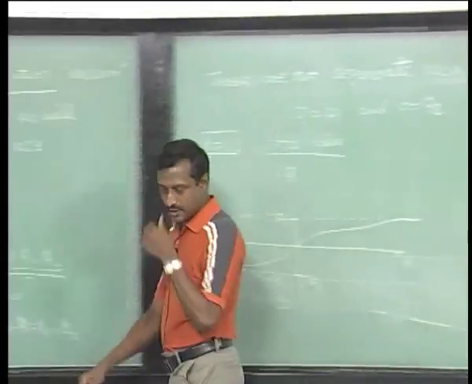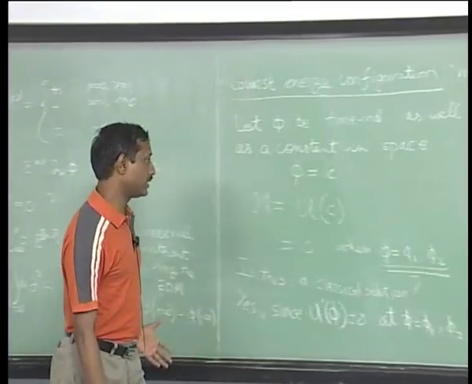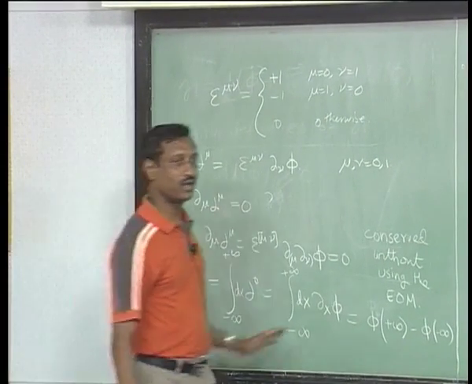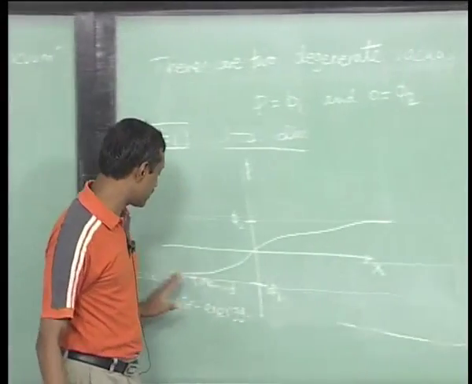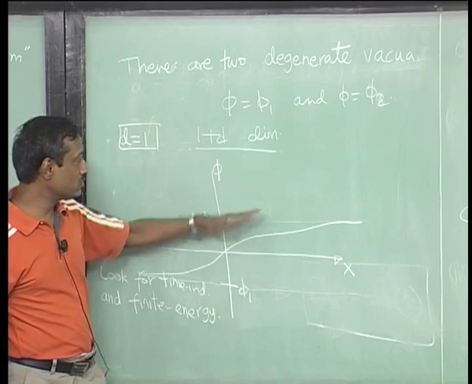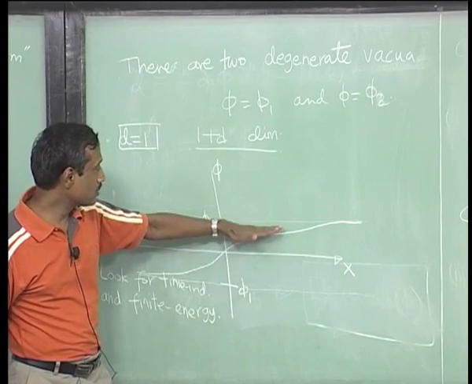So the key point is that since this is a conserved charge, it translates here into the statement that the asymptotics are never changed. Whatever you do jiggling out here, you should find a solution.